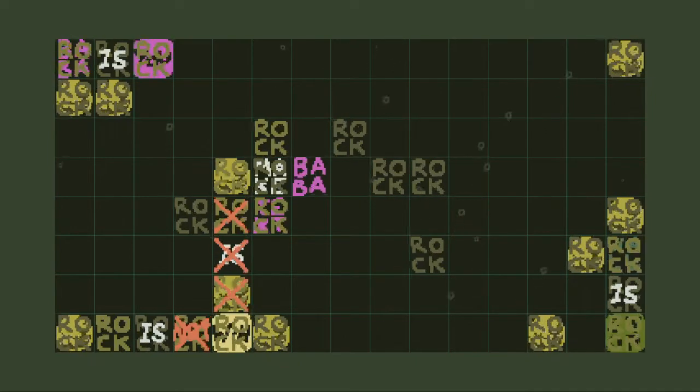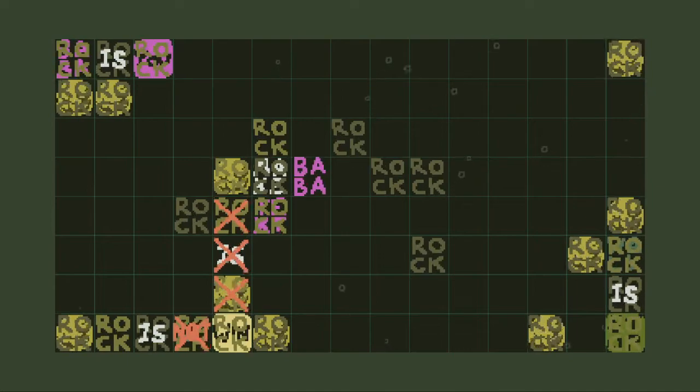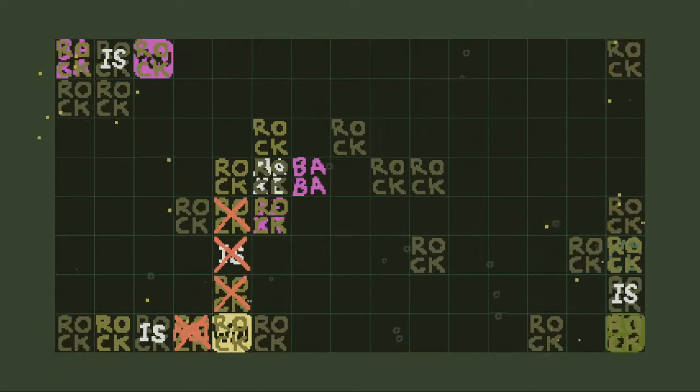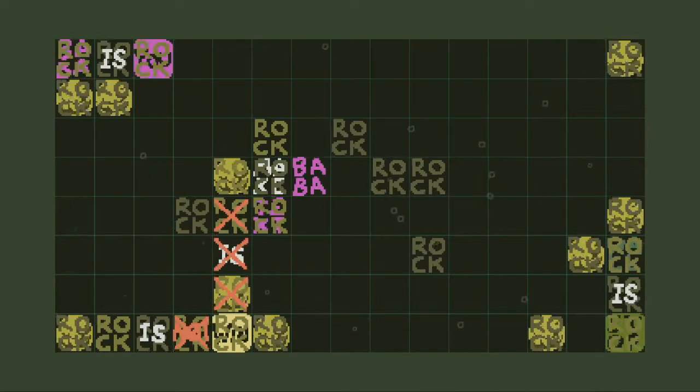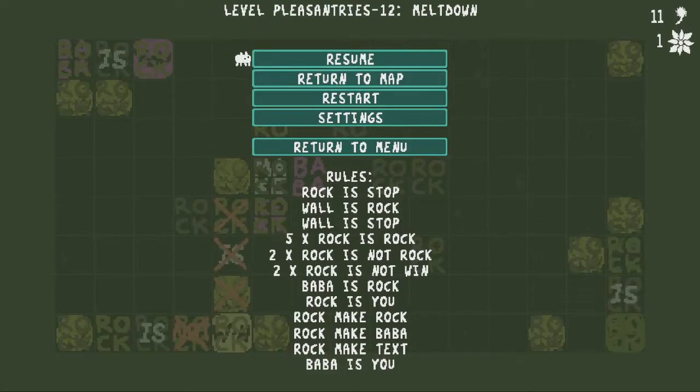Because why? Oh, I guess Baba. Rock make Baba. I don't know. There's too many rules on the screen. Actually, I forgot. I could read them all like this, right? Rock is rock. Rock is not rock. Rock is not win. Baba is rock.